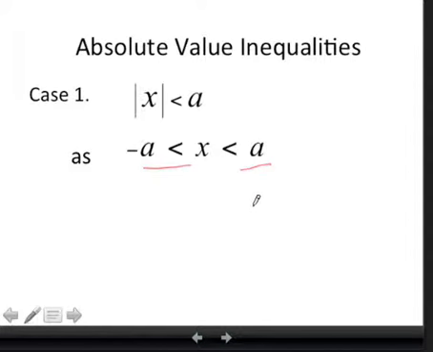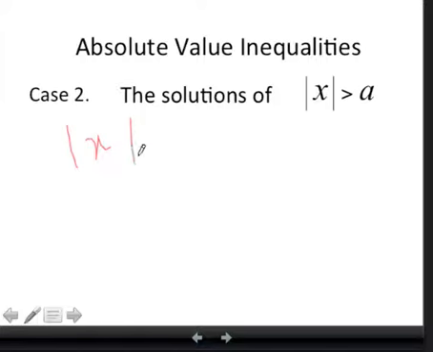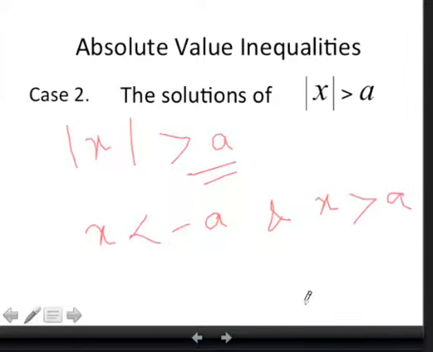So the solutions of modulus of x greater than a are the values of x that are less than minus a or greater than a. So when you have modulus of x greater than a, the solutions are x less than minus a and x greater than a.